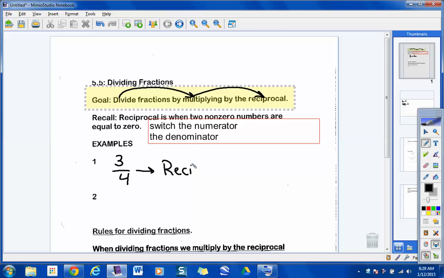Somebody said it over in this corner. 4/3. Yep. I'm going to move the bottom to the top and the top to the bottom. So I would say the reciprocal is 4/3. All right. So that's good to know. That's easy, right? That's pretty easy, isn't it?